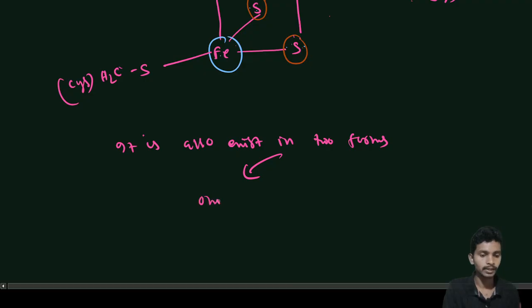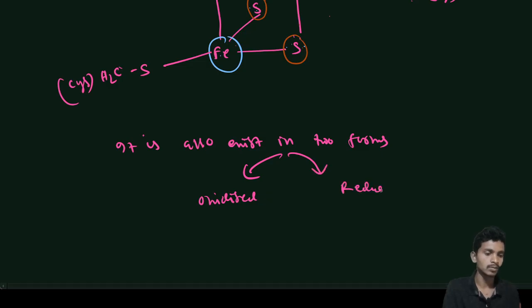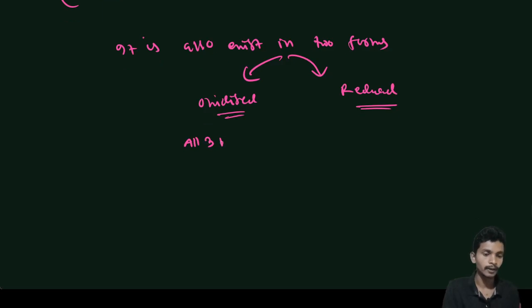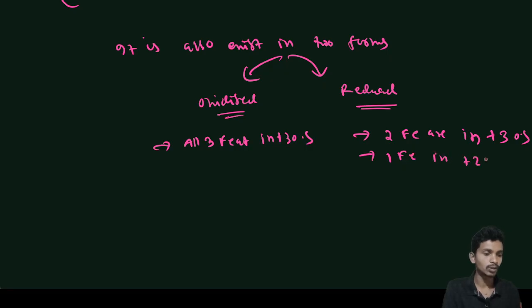One is oxidized, another is reduced. Okay, so in the oxidized form, all 3 Fe are in +3 oxidation state. And for the reduced form, 2 Fe are in +3 oxidation state and 1 Fe in +2 oxidation state.